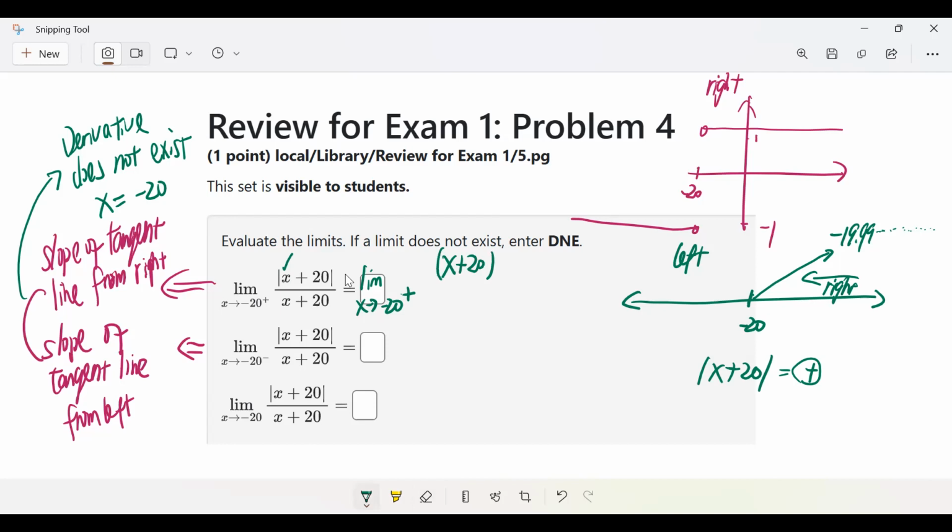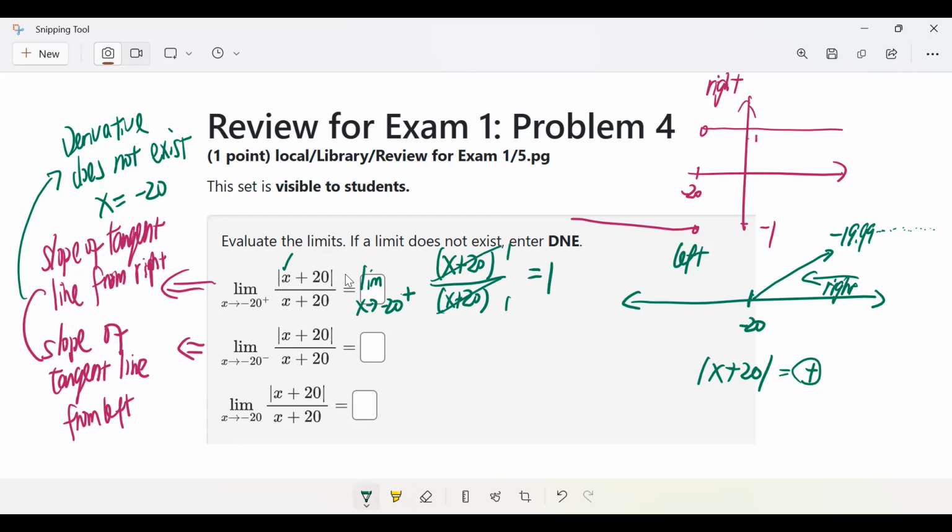The bottom stays as x plus 20. That's why drawing a graph will help you visualize why this is positive and why we can just get rid of the absolute value sign. After we simplify, it becomes 1 over 1, so it's 1. The limit of 1 is 1.